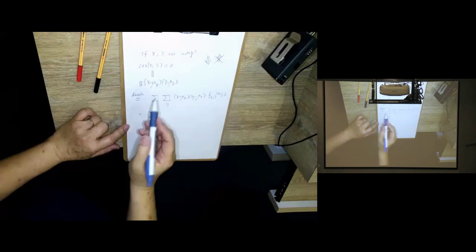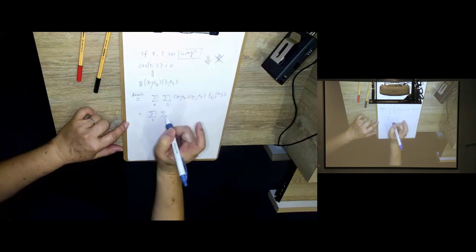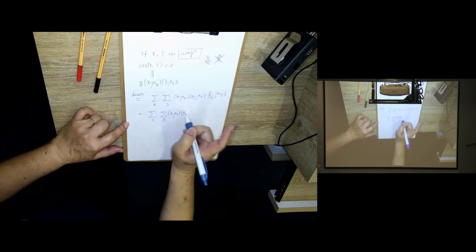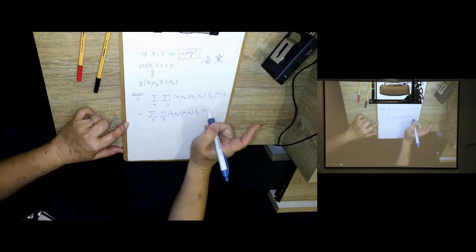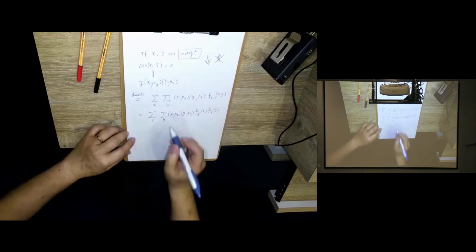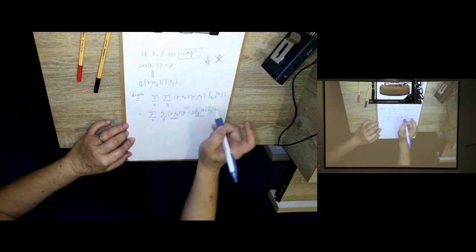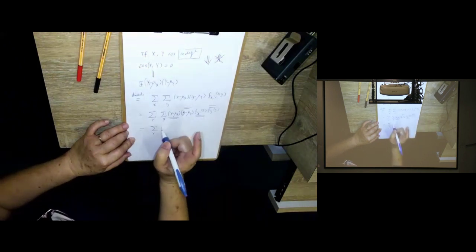So far I haven't used anything yet, but now here I use the fact that they are independent. If they are independent, their joint density comes from the product of their marginals. And so now I group this together and then group this together. So I can rewrite this as this.